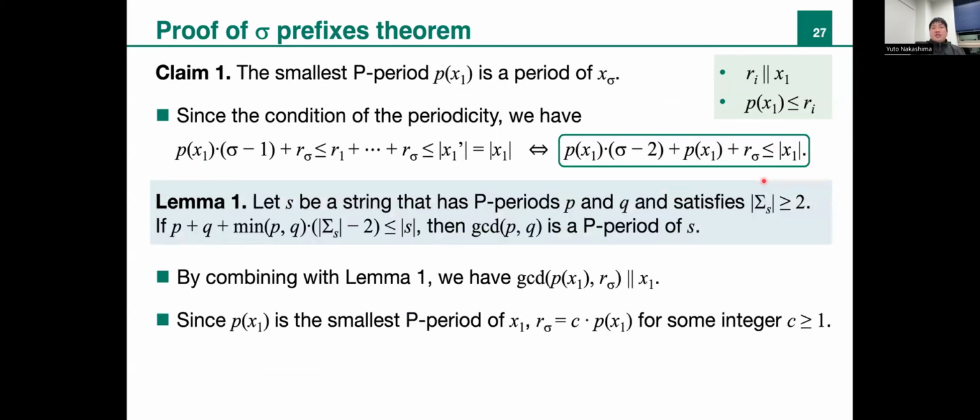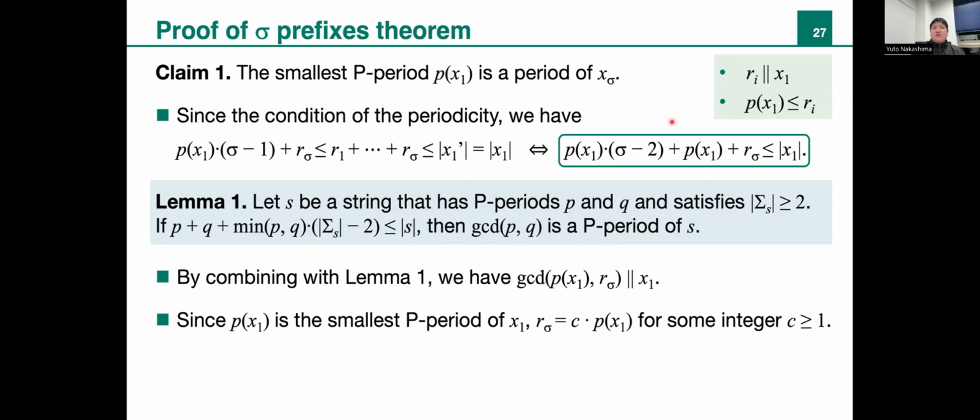Okay, so by using these conditions, we use lemma 1, the parameterized periodicity lemma. We apply this lemma for string x1, because x1 has the shortest period P and also R sigma as a parameterized period, and they satisfy this condition.